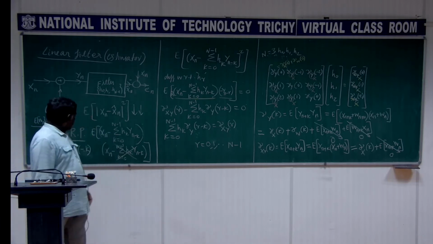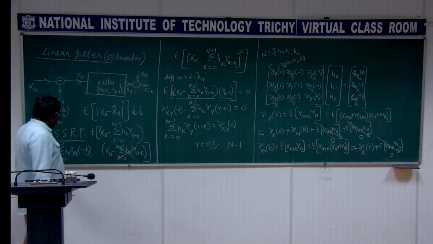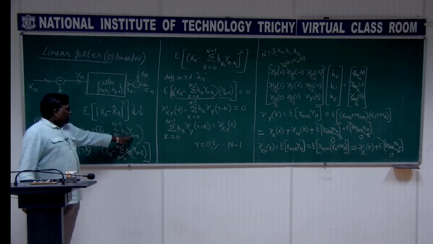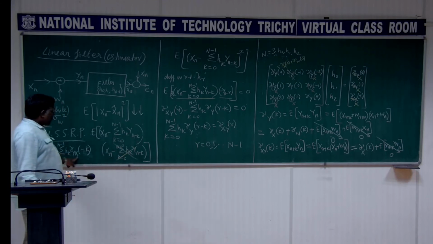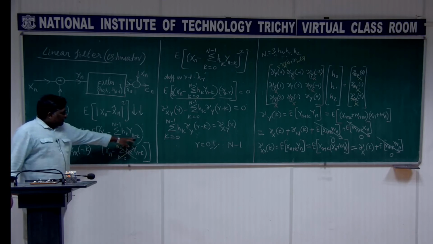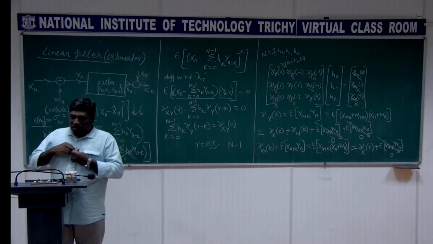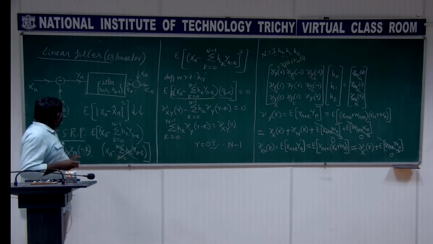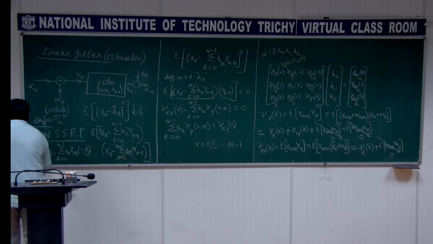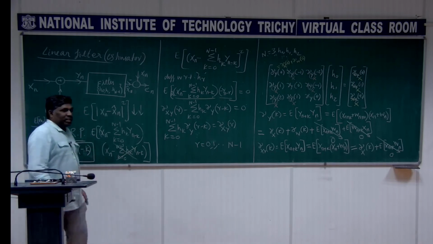For xn, it is gamma x of 0, and for yn minus k with xn, it is gamma yx of n minus k minus n, which is nothing but minus k. I hope this is clear. So this is the error I am talking about. This is the minimum error we can achieve.